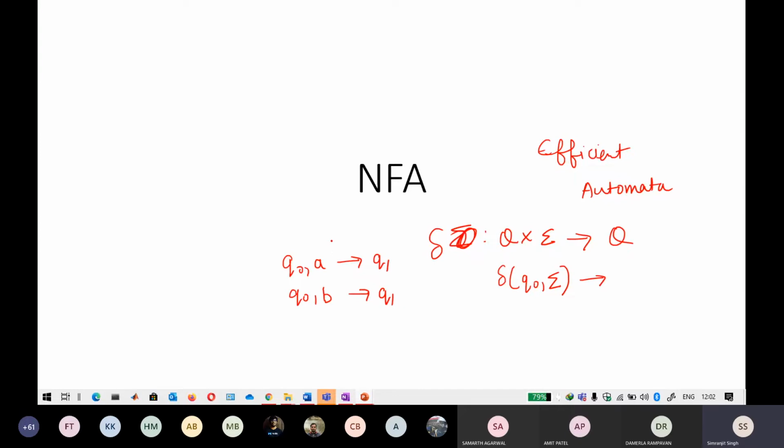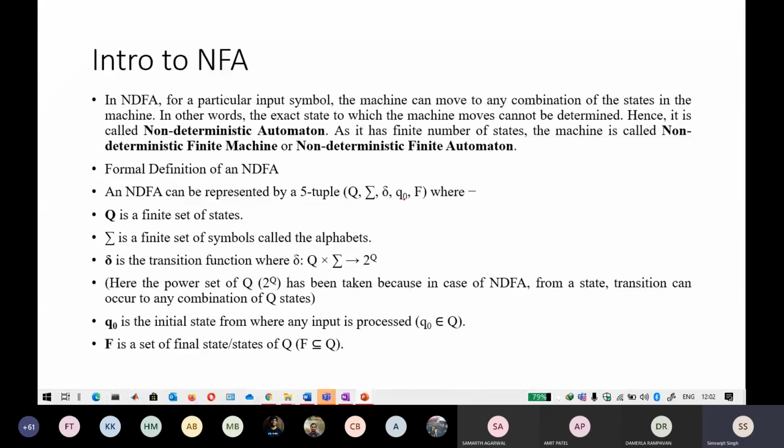But in NFA it is a bit different. Everything is very similar to DFA, with only one different property. If you see the formal definition of NFA, it is represented by a 5 tuple: a set of states, your input alphabet, the transition symbol, the starting state, and the final state.